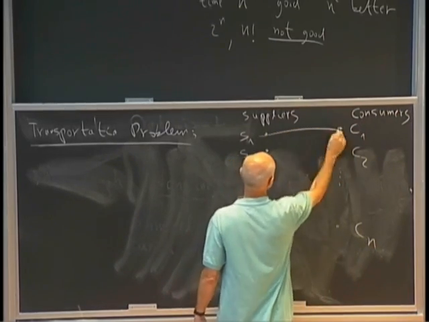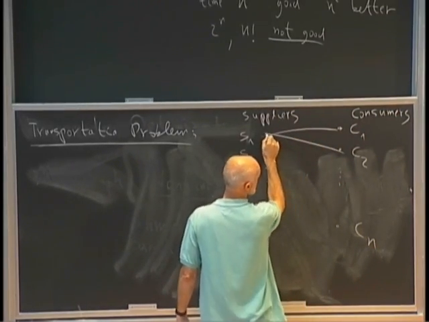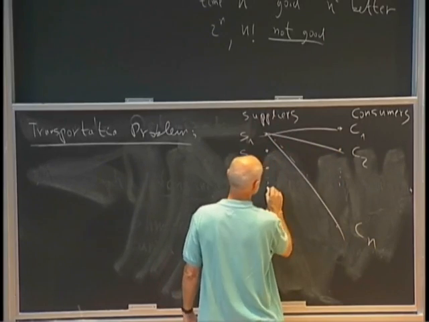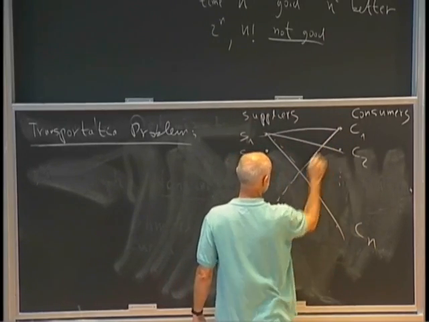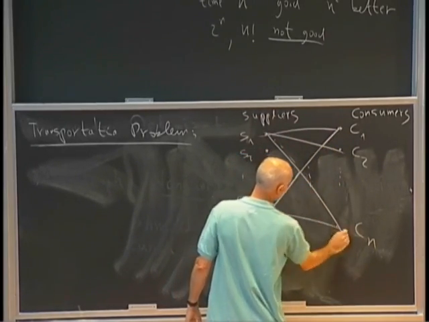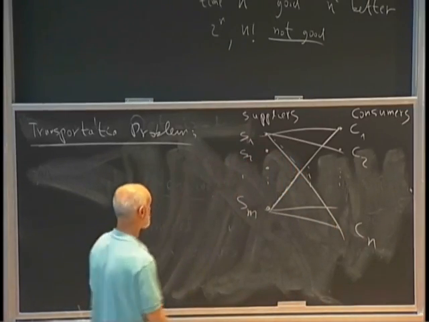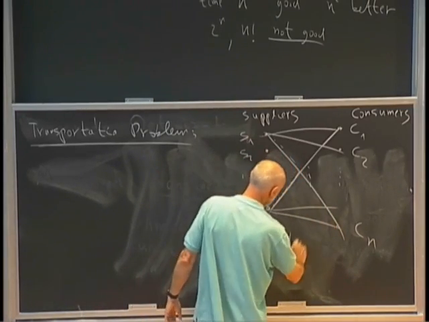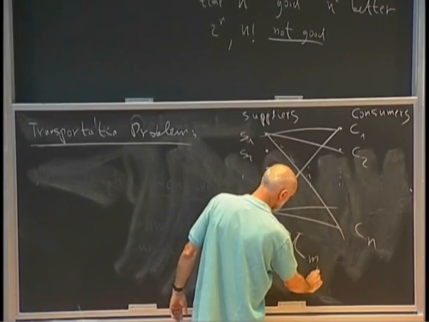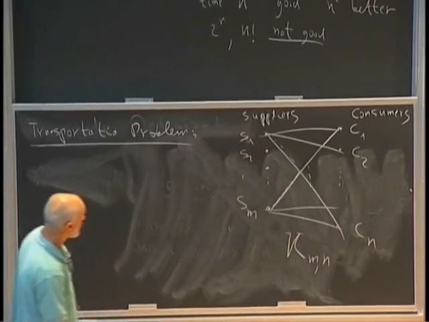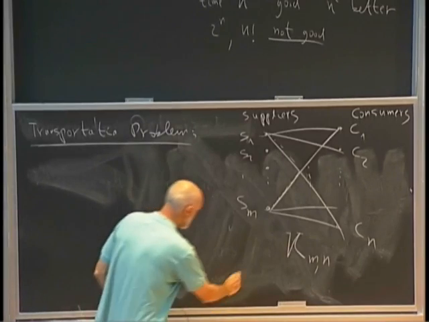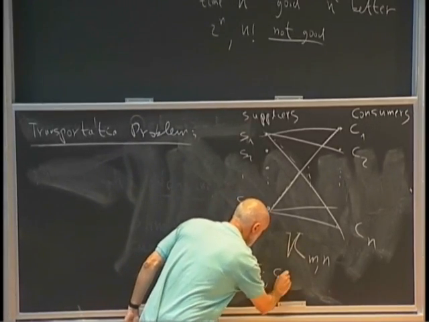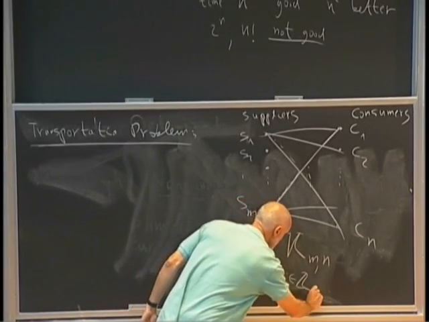And there's a whole graph, a complete bipartite graph here. Every guy is connected to every other guy, and so on. This graph, by the way, is denoted by K_{m,n}, the complete bipartite graph on m and n vertices. The Si and Cj are non-negative integer numbers.